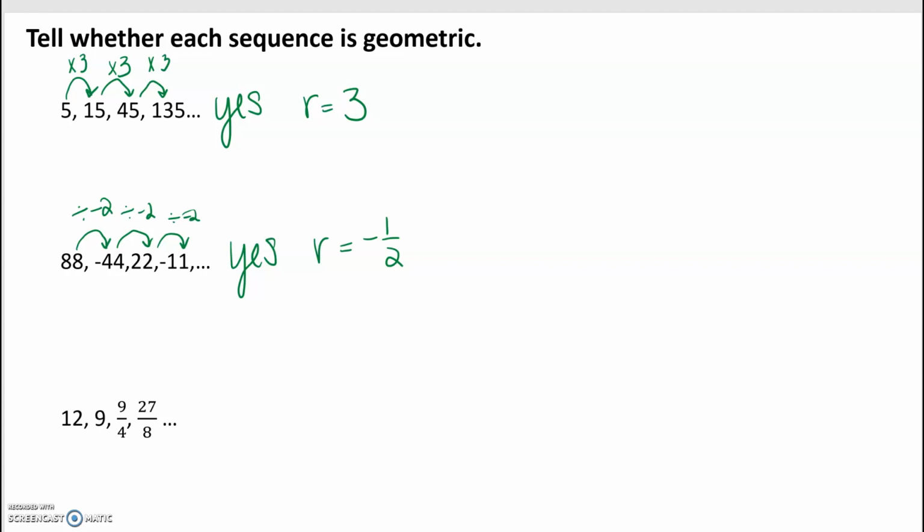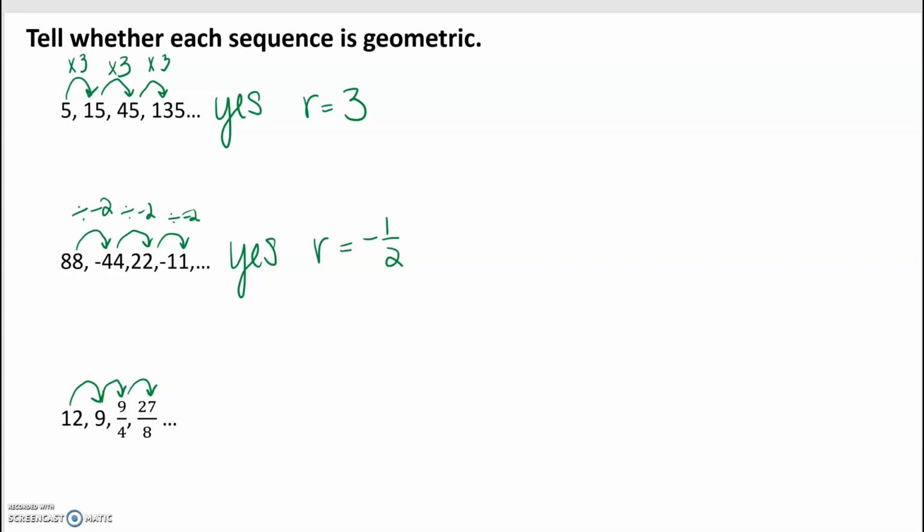Okay, and the last one down here, how to get from 12 to 9, 9 to 9/4, and 9/4 to 27/8. I'm going to look and see, is there anything I can divide by to get there? And I don't see it, but remember, it just has to be a common ratio. So that ratio could be something other than a basic 1/2, 1/4, okay? So what I'm looking for is a fraction that works when I multiply these.